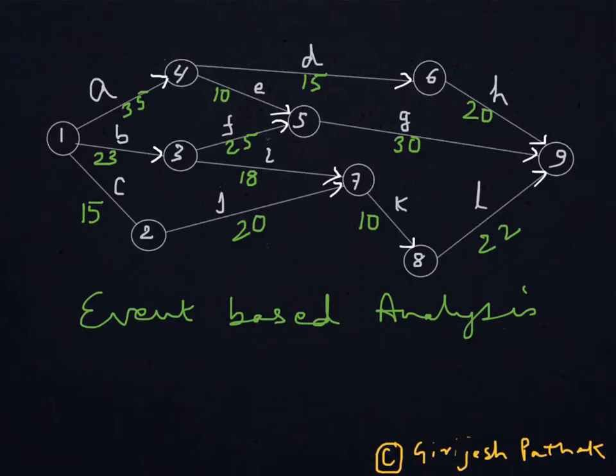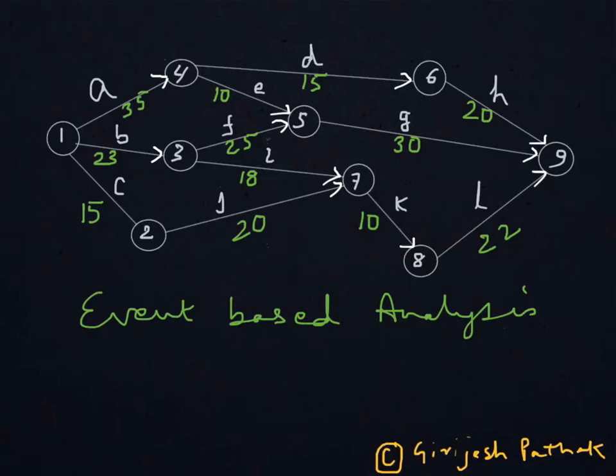Remember that if more than one arrow ends at a node, then both these activities should be over. If I is over but J is not over, you can't say that we have reached node 7. Similarly, if J is over but I is not over, we have not reached node 7 and K is not ready to start.